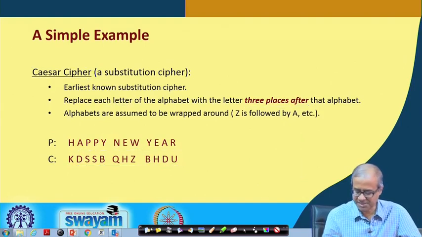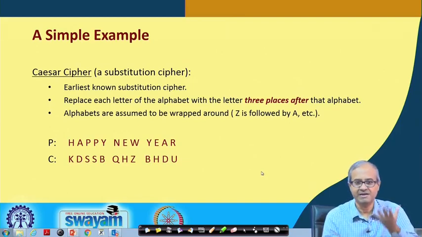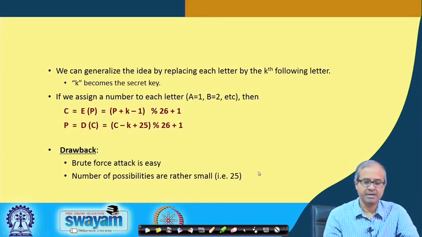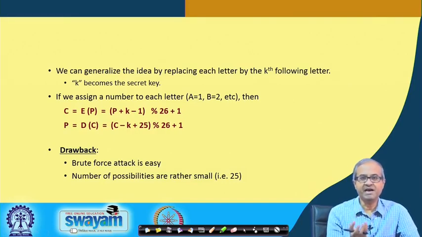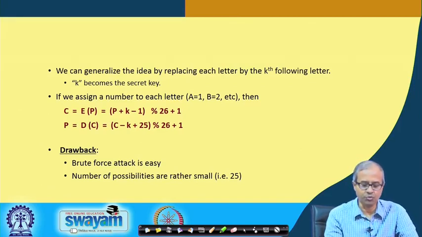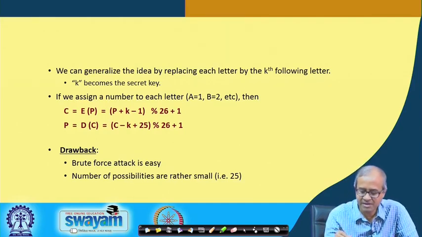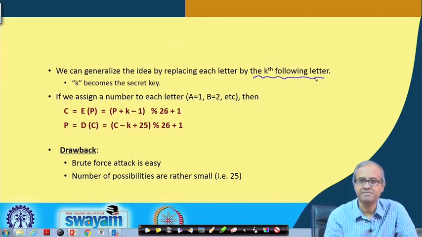Okay. This method is very simple, as you can understand, but as such in this method there is no concept of a key. I have a message, I replace every letter by the third next letter. Now, you can generalize the Caesar cipher concept to make it dependent on a key as well. So, what do we do? We do not replace a letter by the third next letter, but we replace it by the kth next letter.